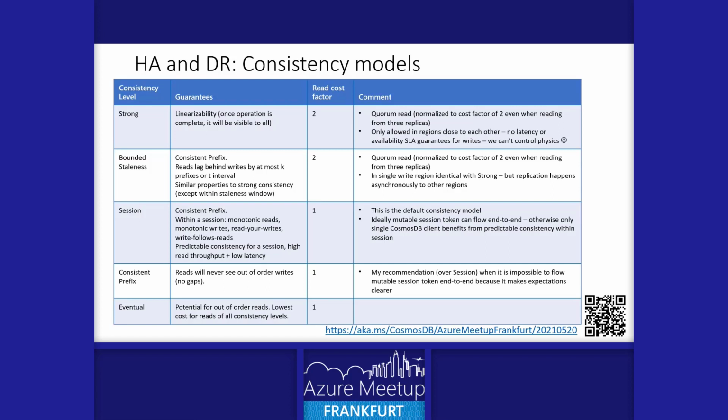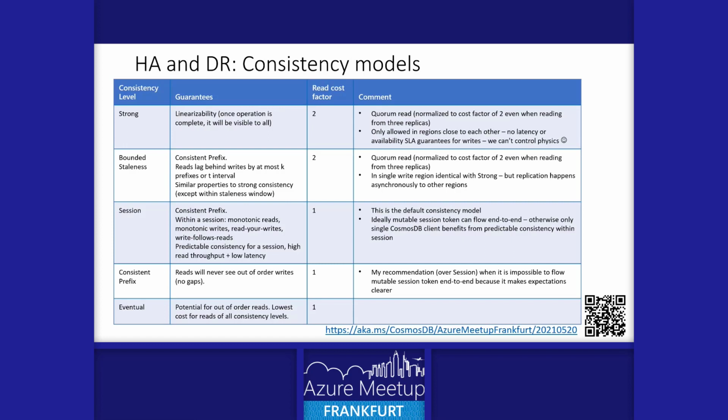With bounded staleness, you have a guarantee that when you read, even immediately after a write in the write region, you will have strong consistency, which means you get the latest version of the documents. But the replication to the remote region happens asynchronously. So it's a trade-off: I want to always be able to read the latest version of the document, at least in the write region, but to allow better availability, I'm okay with asynchronous replication.